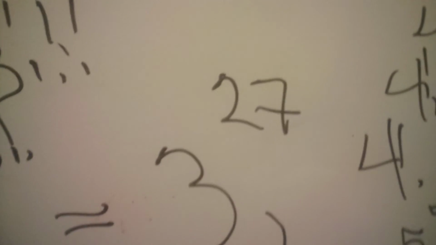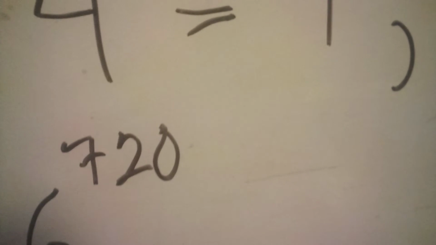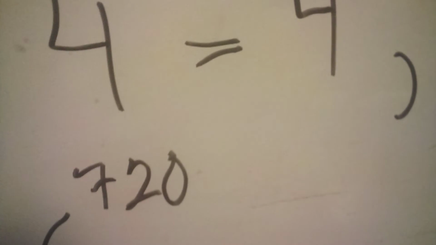right? 3 factorial, of course, again is 6. But 3 factorial factorial is 6 factorial, which is 720. See, already we have 6 to the 720, but there's still one more exponent, right? 3 factorial factorial factorial is the same as 6 factorial factorial, which is 720 factorial.